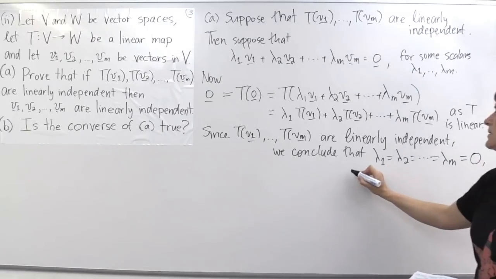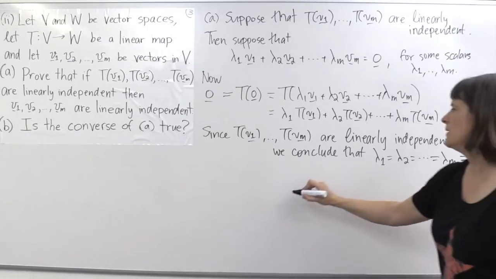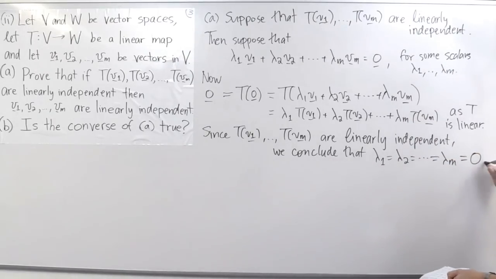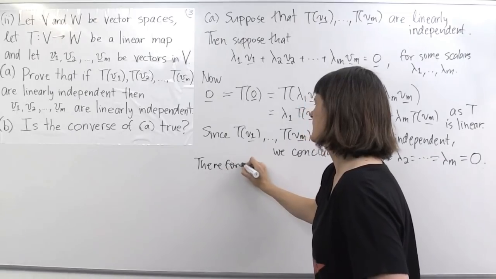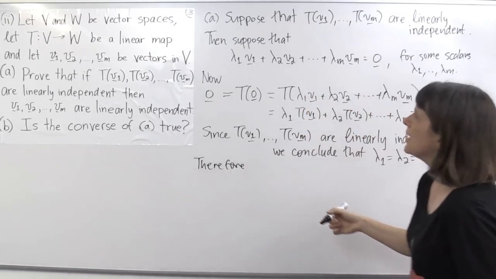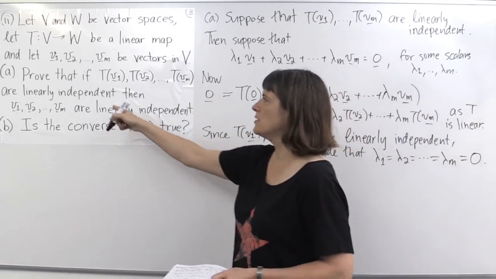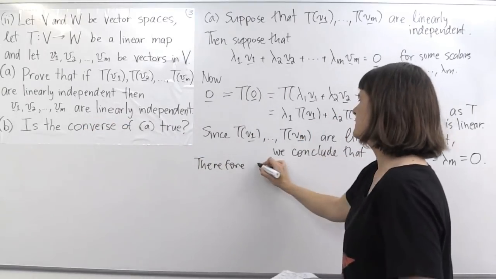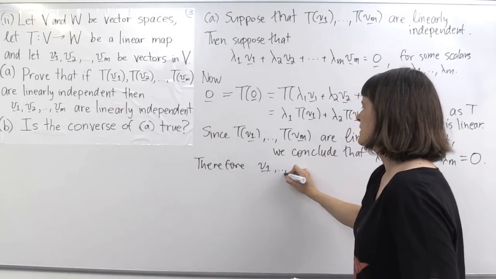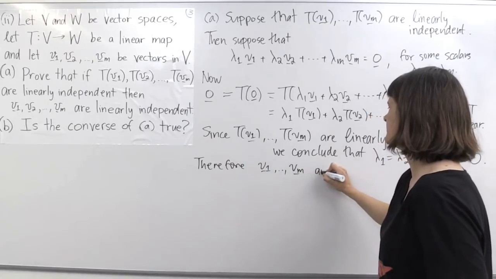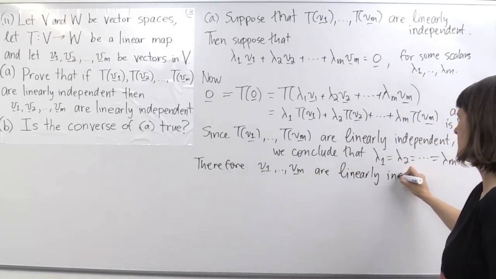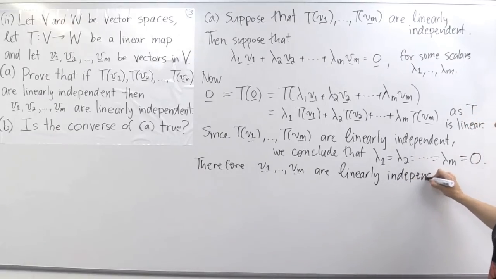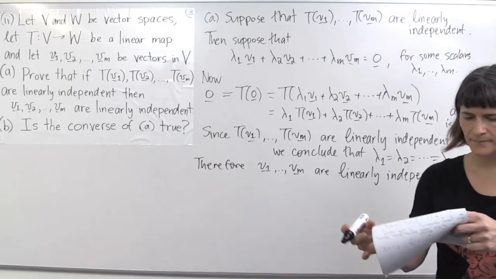And this is what you need. Therefore, we've succeeded in what we're trying to do, which is to show V1 up to Vm are linearly independent. Okay, so we may as well write that down. We know that we've done the job. And that was a nice proof, so I think we can use the QED symbol there.